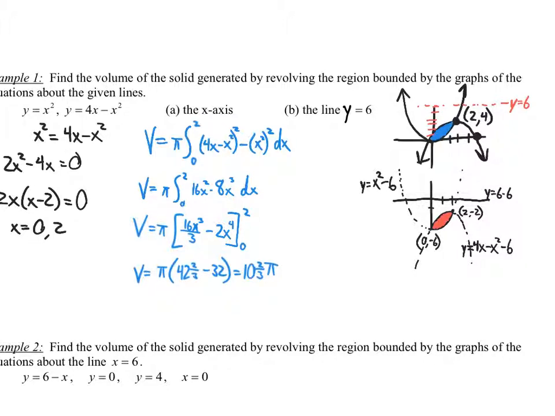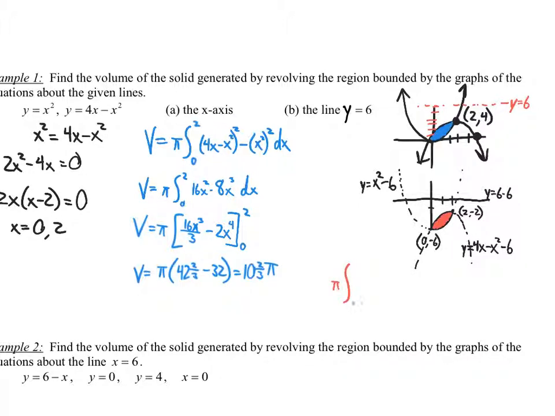So, now, be careful here with this one because we have an outer radius and an inner radius. In this case, the outer radius is going to be the one further away from the x-axis, so that's that x squared minus 6. So I'm going to be doing the integral, pi times the integral.